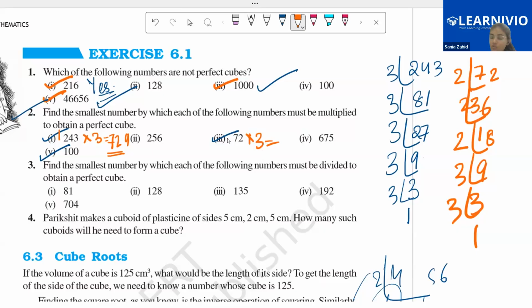They can also tell you to find the cube root of the number that you are getting. If it is for 1 mark, it will be just this much. But if they are asking you more, they can give you the same question for 3 marks. So what will you get? 216.